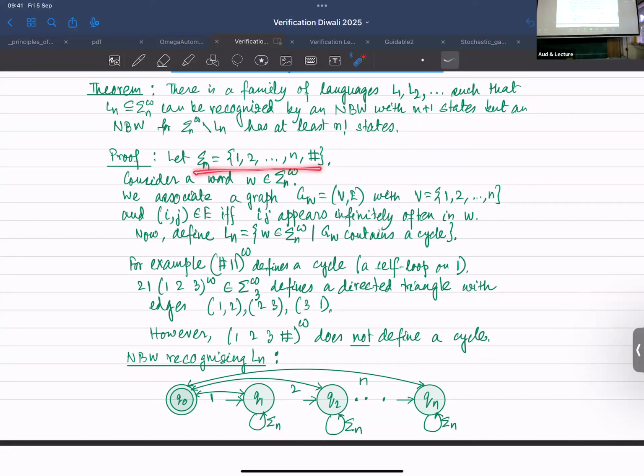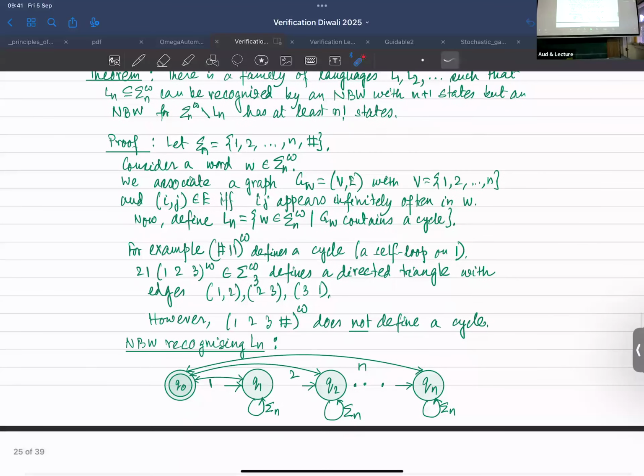So let's see what this family of languages looks like. This is my sigma_n, 1 to n, and then you have a sharp symbol. I'm considering an infinite word W, and with this infinite word W we associate a graph G_W.